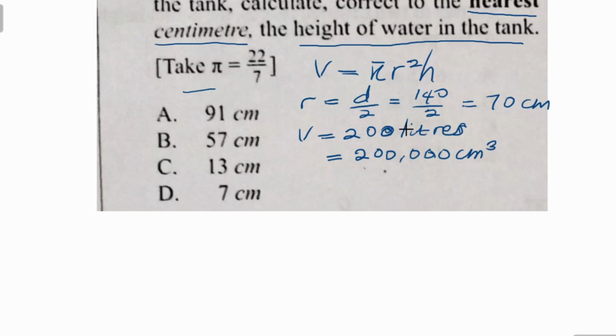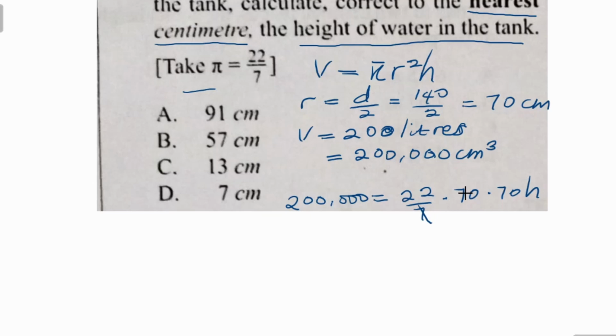So now, putting this information back into the formula, we are going to have the volume, which is 200,000, equals pi, which is 22/7, times 70 times 70, which is the same as 70 squared, times h.